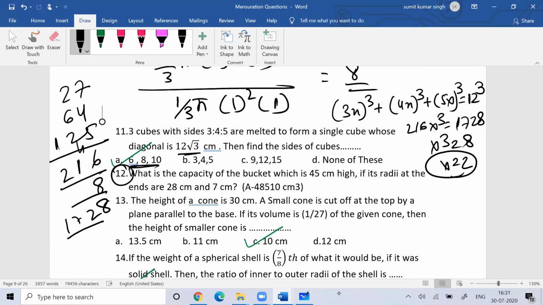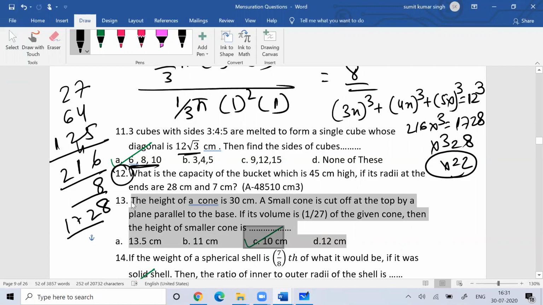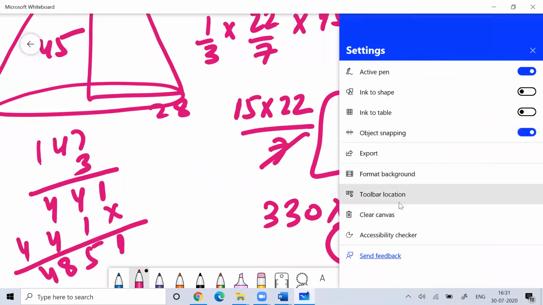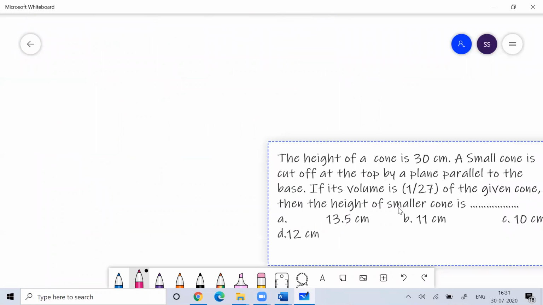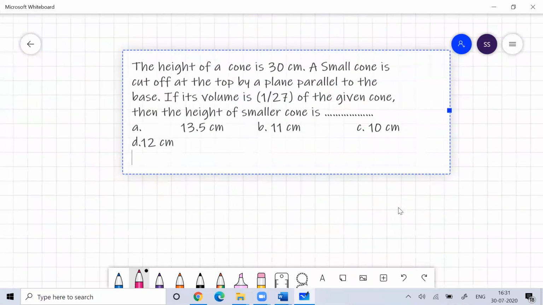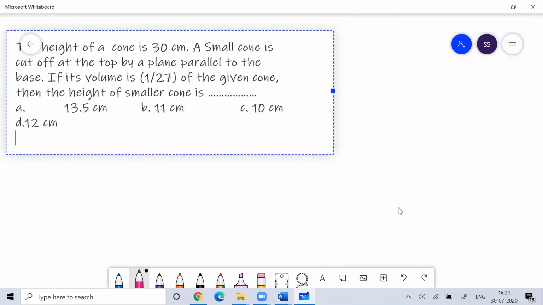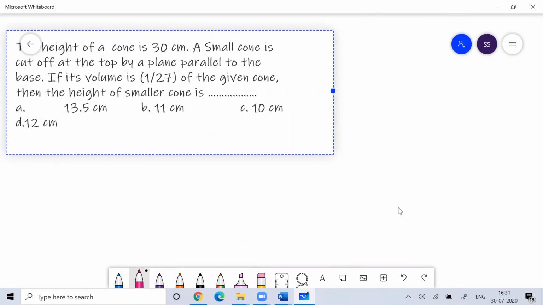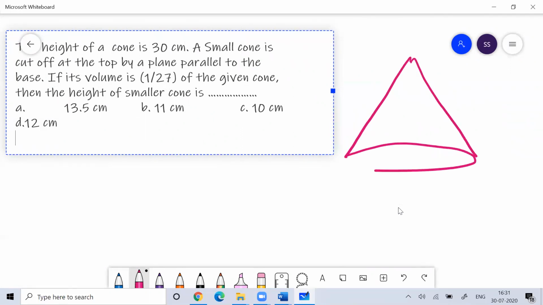If the volume is 1 by 27th of the given cone, then the height of the smaller cone is. Now you can see the problem.